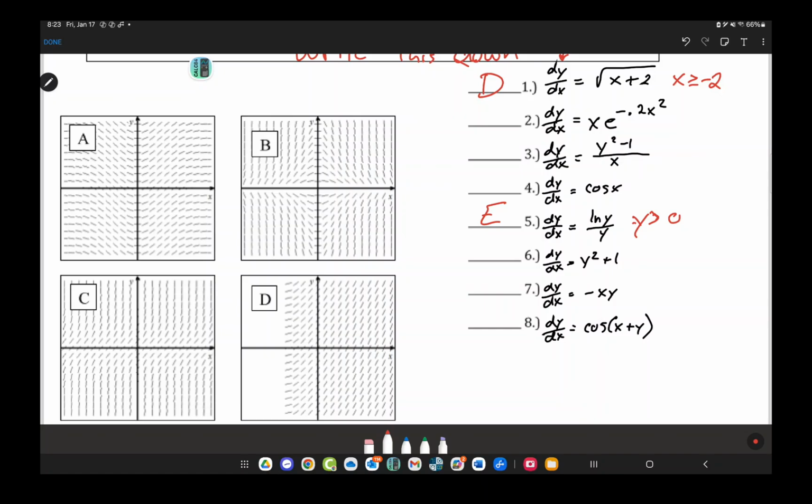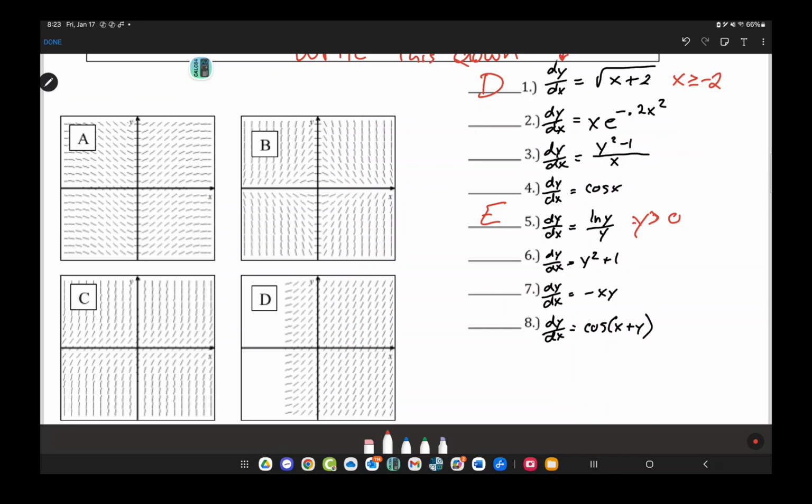Okay. Now we talked about the very first one. If it depends on y, it doesn't depend on x. So we only have one function that depends on just y. So there should be one graph where the entire thing mirrors horizontally. Which graph has every slope the same as you go across horizontally?